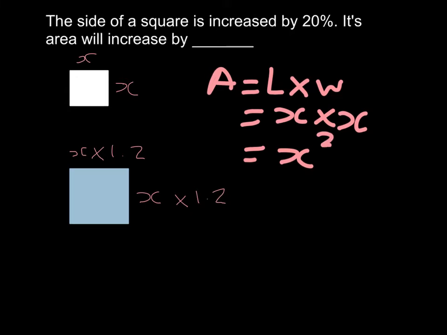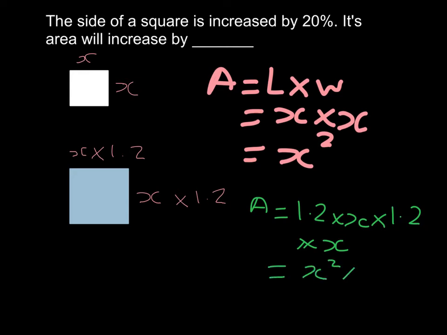And the area of my second square is 1.2 times x times 1.2 times x. I can group my like terms, so I'll have x squared times 1.2 squared, which will give me 1.44 x squared.